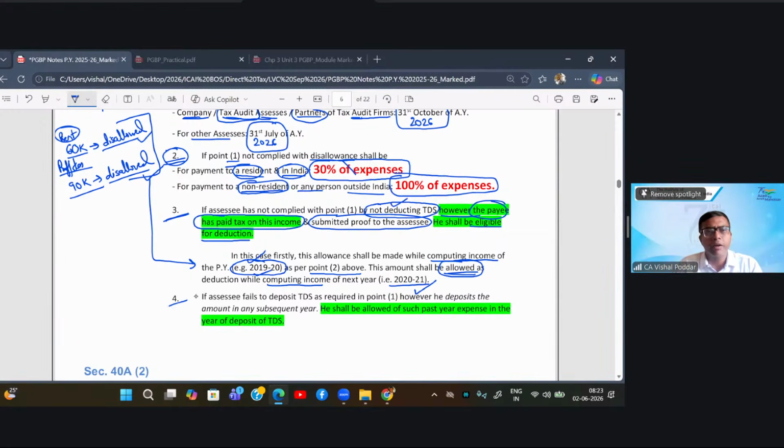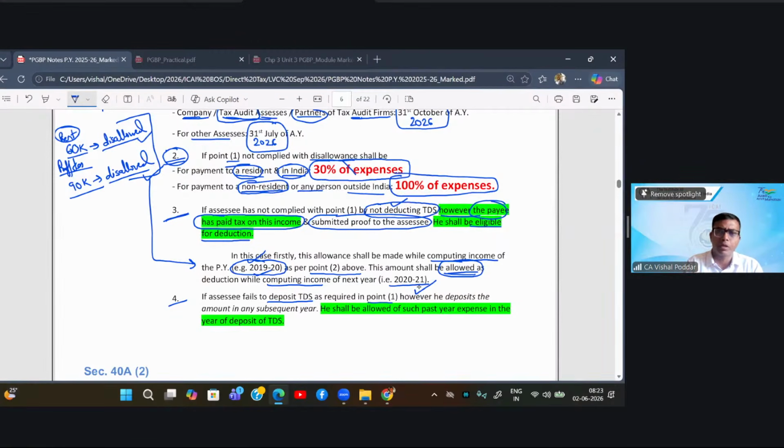Now, the second relaxation is for the second condition. What was the second condition? You should have deposited the TDS. By when? By the due date of your filing returns. This is what we studied in point number 1. Now, your due date, let us say again for financial year 25-26, is now 31st July or it is now 31st October 26.